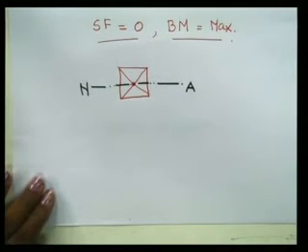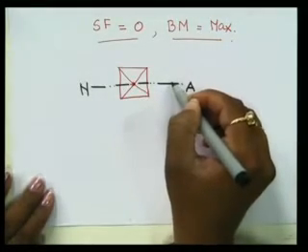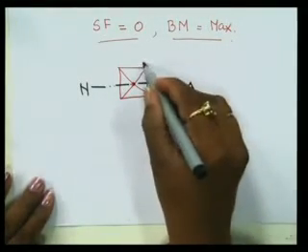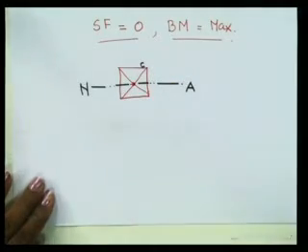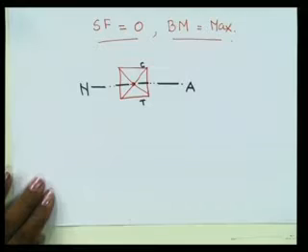Now if we have a sagging bending moment, then we know that the top layers above the neutral axis are subjected to compression, and the layers below the neutral axis are subjected to tension, right?